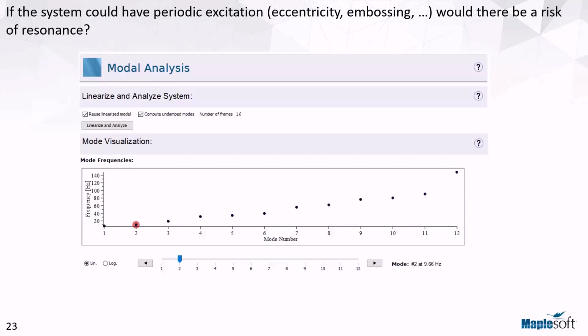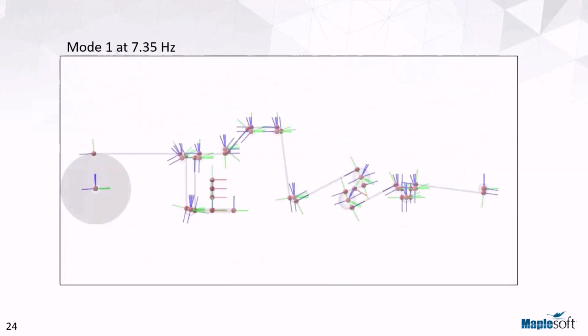But let me look at the first two of them with the animation of the mode shape. So the first one for our current setup is around 7.3 hertz, and we see that the most motion is on the unwind zone.